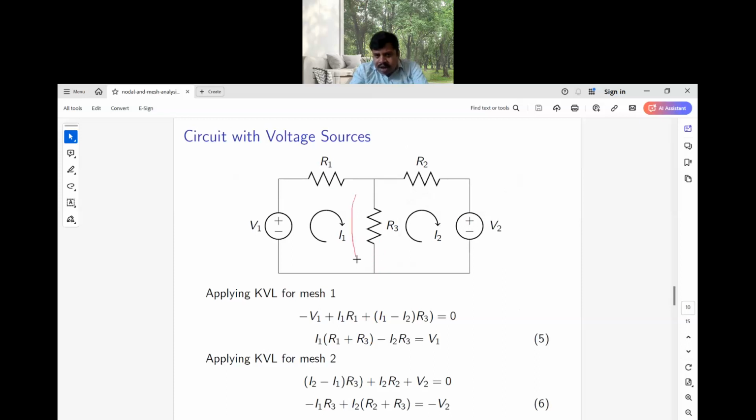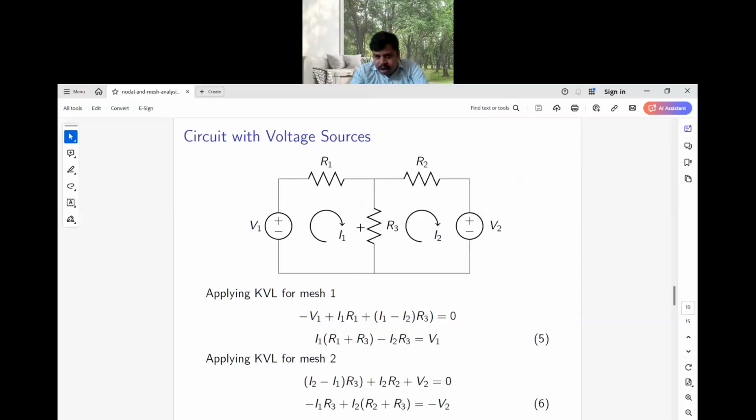I1 minus I2. This is the resultant current flowing in the downward direction. I1 minus I2 into resistance R3 is the voltage drop in this R3, and the sum is equal to 0. So you can group the I1 terms and the I2 terms in this equation.